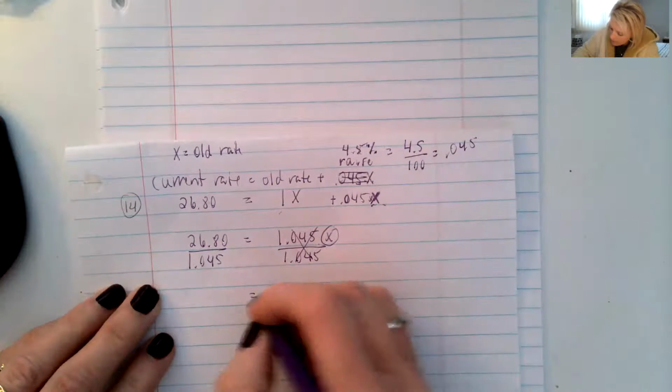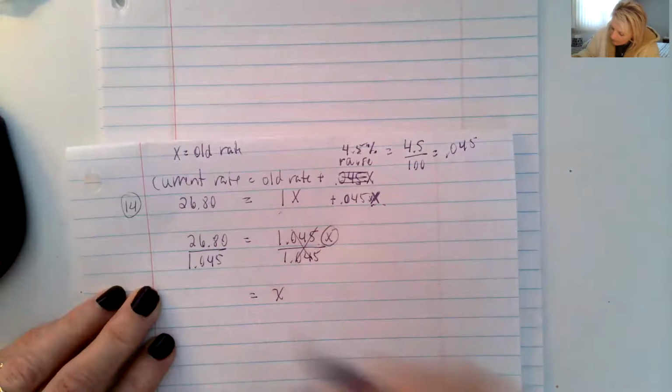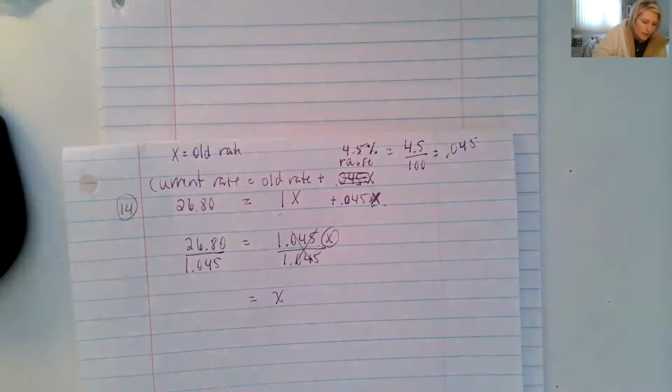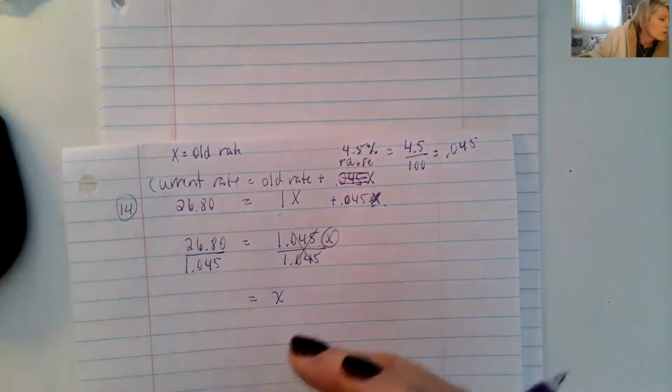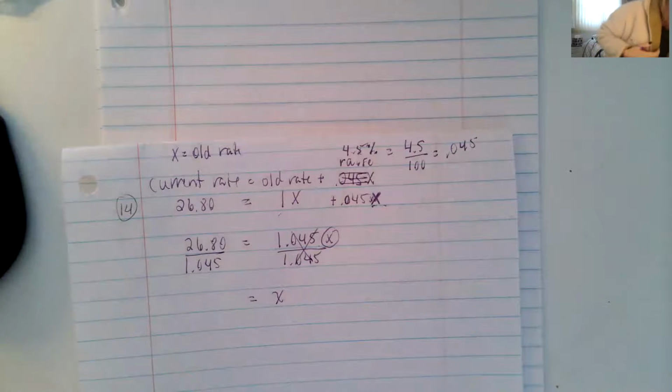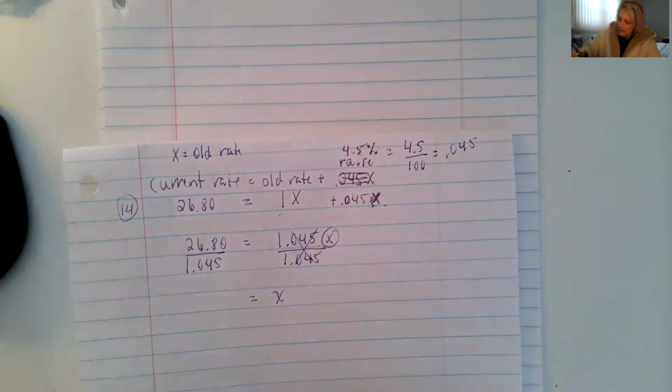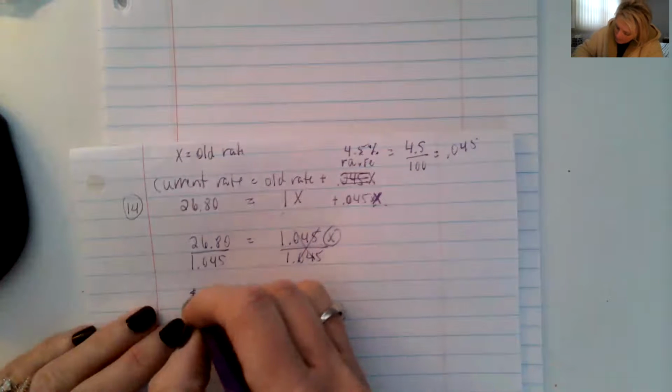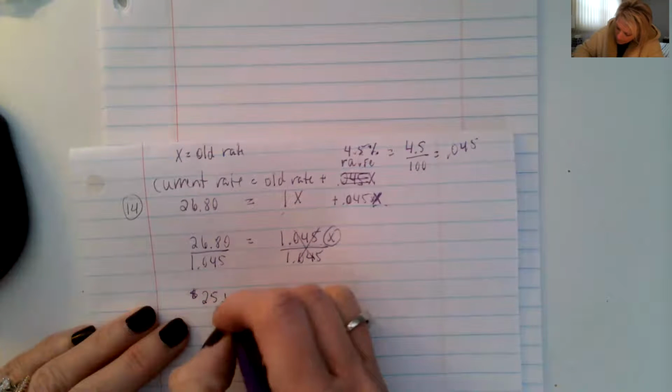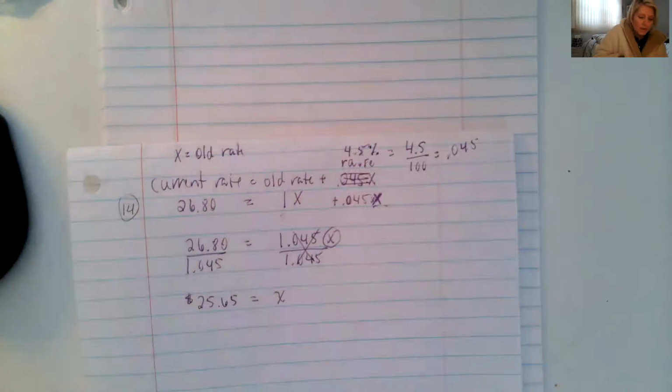We've talked about that in the last few sections. So 26.80 divided by 1.045. And it looks like his original salary was $25.65 when you round it appropriately.